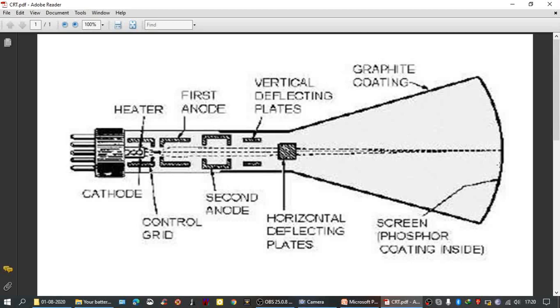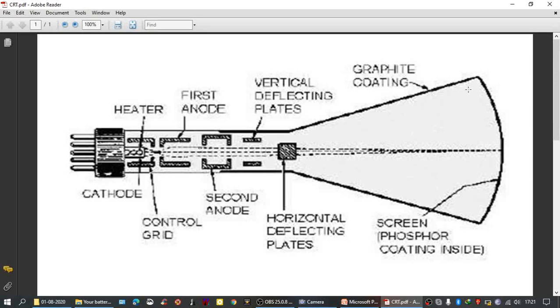In order to prevent that, a special material made up of graphite is coated on the inner surfaces of CRT, that is cathode ray tube, which is also known as aquadag. And the main purpose of this aquadag coating is to collect all the secondary electrons emitted after colliding with the CRT screen.